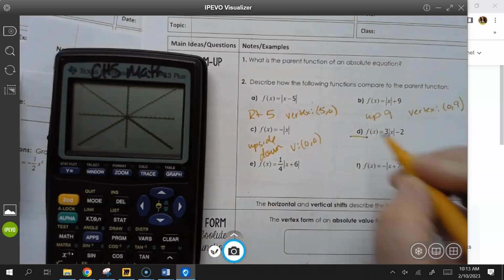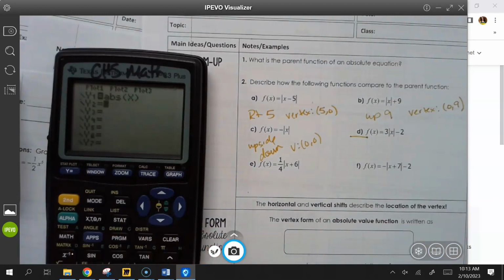You try the next one and see what happens. Graph that next one as compared to the parent.